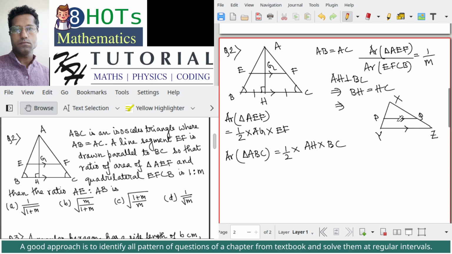Similar means they look the same but are of different size. Also the sides will be proportional, that is XP by XY will be equal to PQ by YZ will be equal to XQ by XZ. This is one concept you must always be aware of.